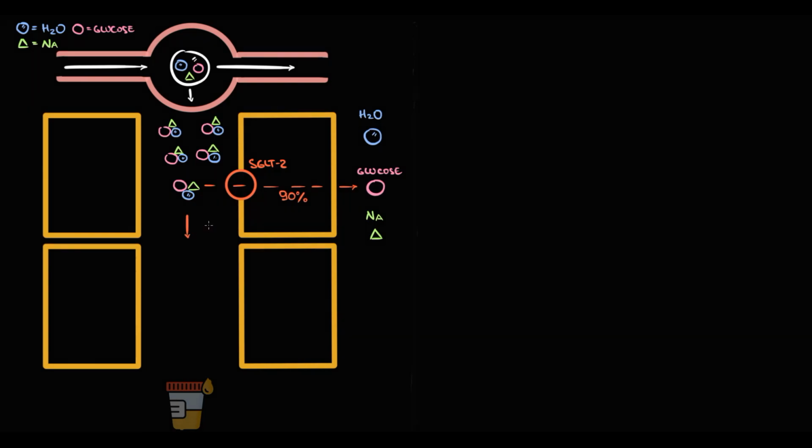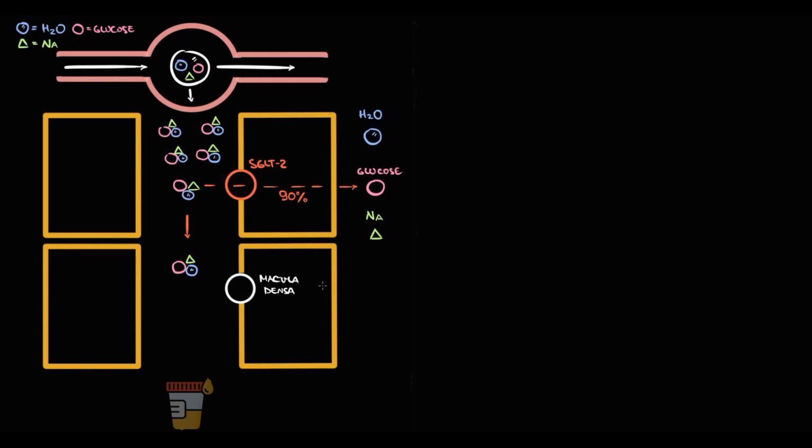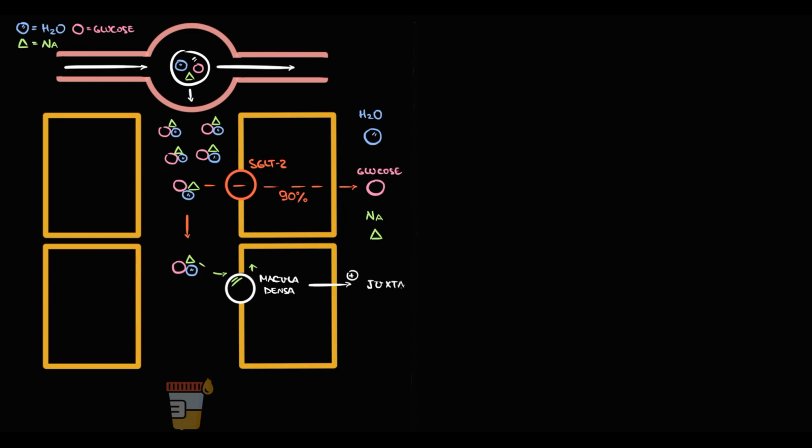The 10% of glucose which is left after reabsorption, together with sodium and water, goes further through the renal tubules, and on its way they meet macula densa. The function of macula densa is to control the amount of fluid in our organism. Macula densa simply checks the concentration of sodium in the tubule, and if the amount of sodium is below normal, macula densa activates juxtaglomerular apparatus that in turn causes vasodilation of afferent arteriole.